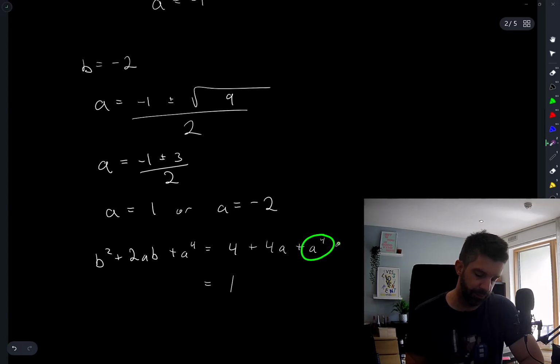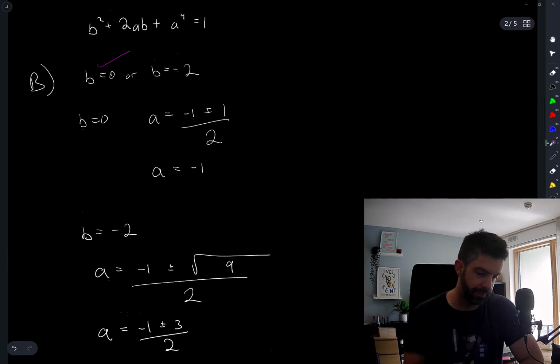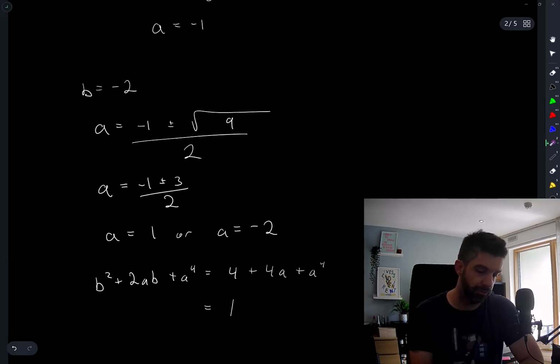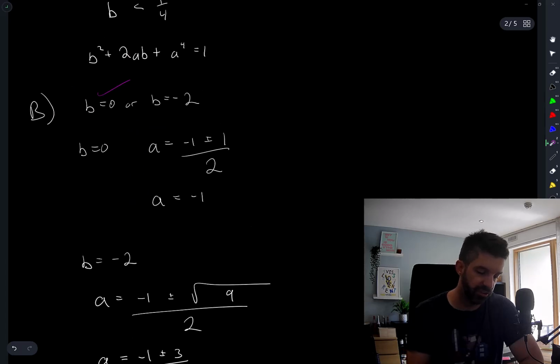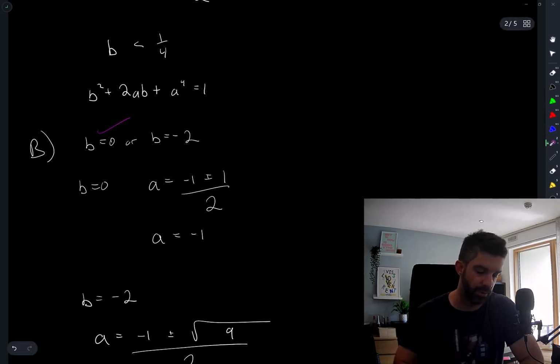What is that? That's 16, and then 16 minus 8 plus 4. I'm not sure. But yeah, at least one of the values of a does work when b is equal to negative 2. So the only possible values of b that were allowed, according to the options given here, are these two.